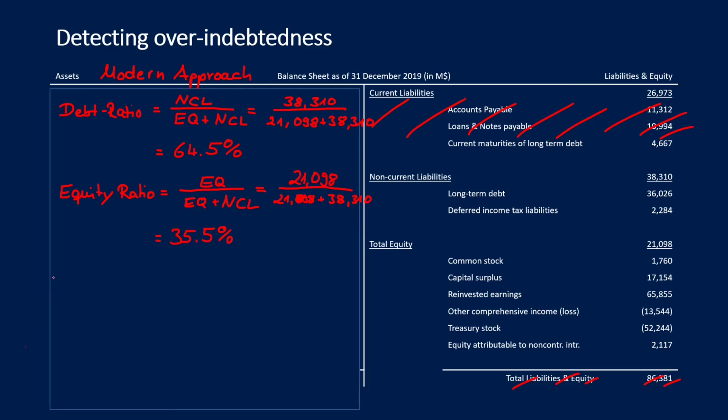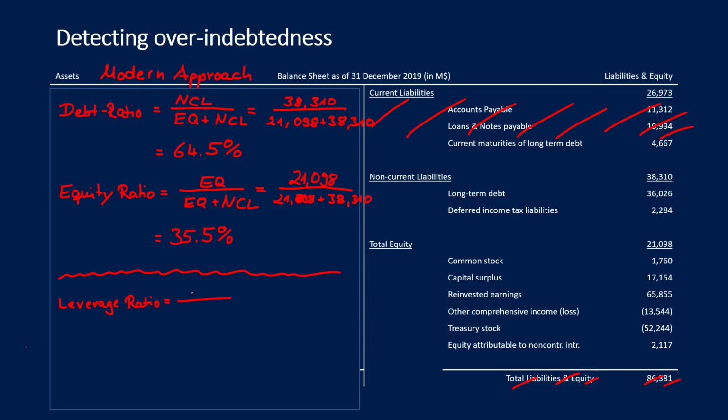What we already have learned in an earlier video is the leverage ratio. And the leverage ratio is not a percentage, but some kind of multiplier. And of course, here we can again use both definitions.